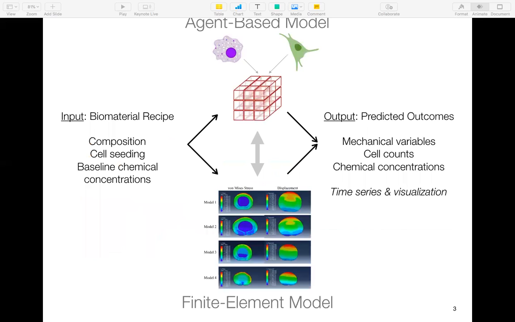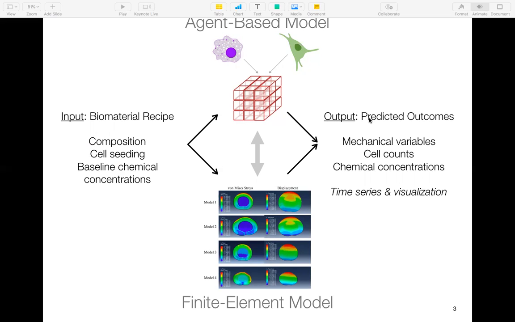That's why I worked on making a computational platform for testing biomaterials virtually. Basically, we want to take a biomaterial recipe and be able to predict its outcomes. A biomaterials recipe includes its composition or basis, like alginate or chitosan, cells included in the biomaterial, and chemical concentrations of any growth factors, pro and anti-inflammatory mediators, or cytokines that you want to include at the start.